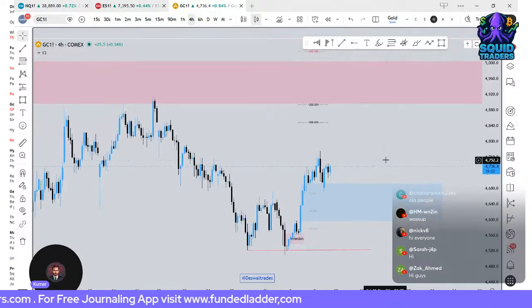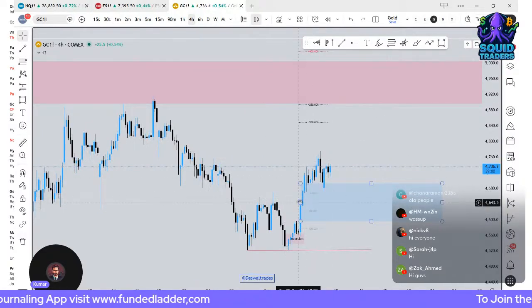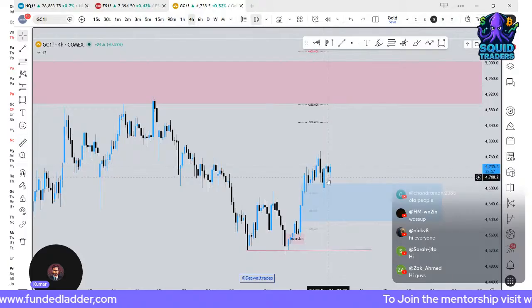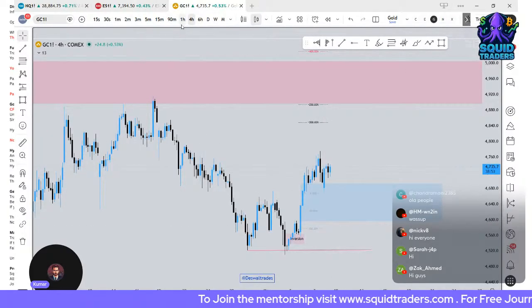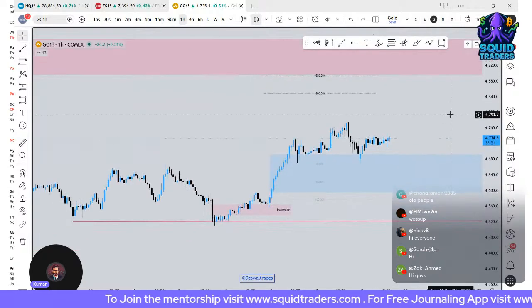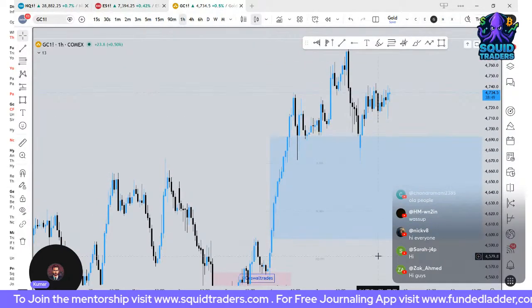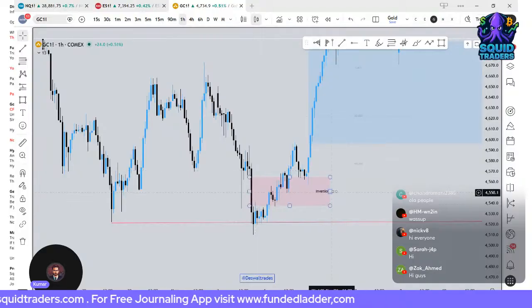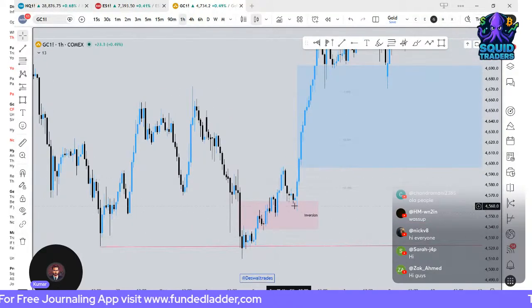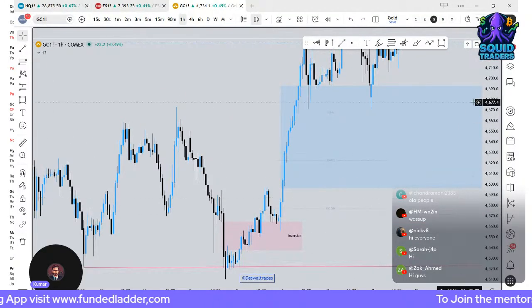So that's what I'm watching. We created this fair value gap here, price came back, just tapped into it, and then started bouncing off. And if we go to 1 hour, after sweeping this low over here, they had a nice inversion and retested, and then we started going up.